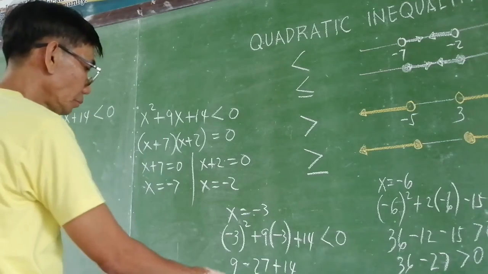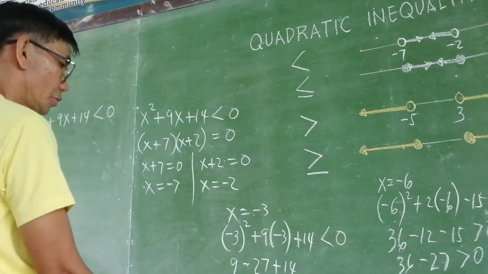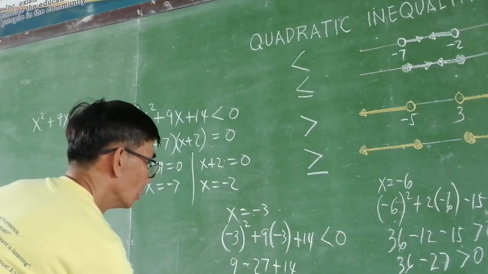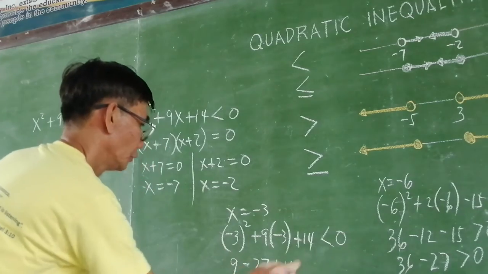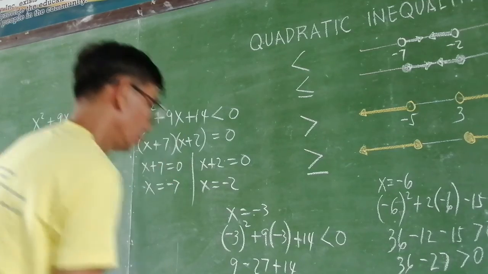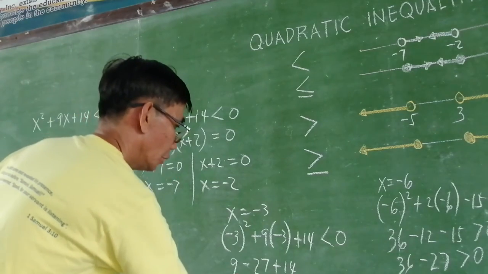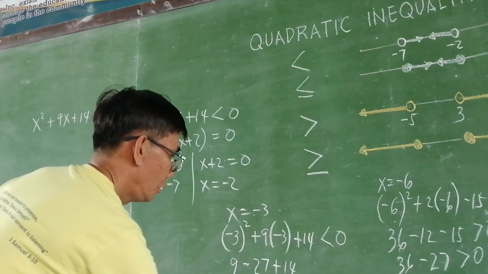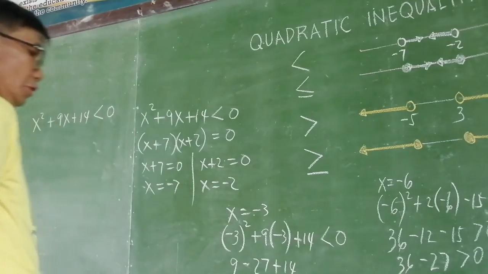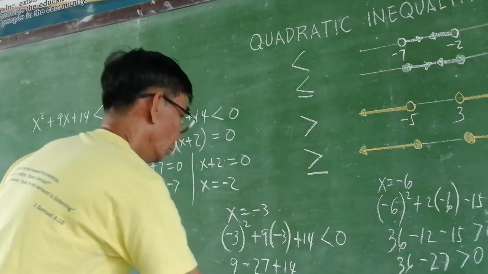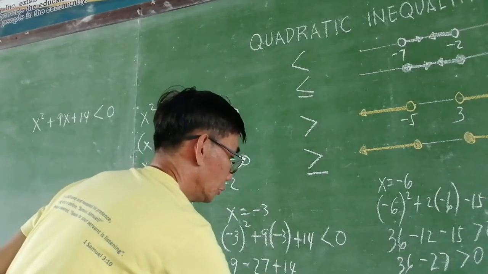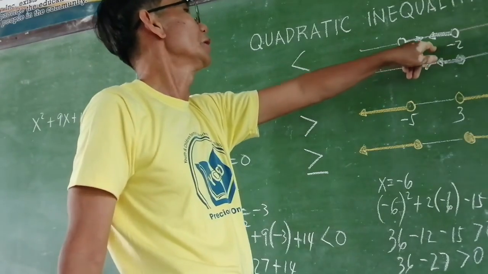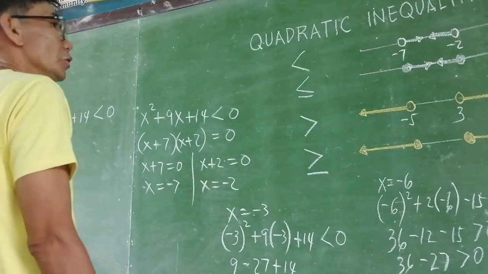If you combine the positives together, it is 23. So it will be negative 27 plus 23, which is less than 0. So it will be negative 4 less than 0. So this is also true, meaning that it is a part of the solution. So negative 3 is somewhere here. So it is a solution.